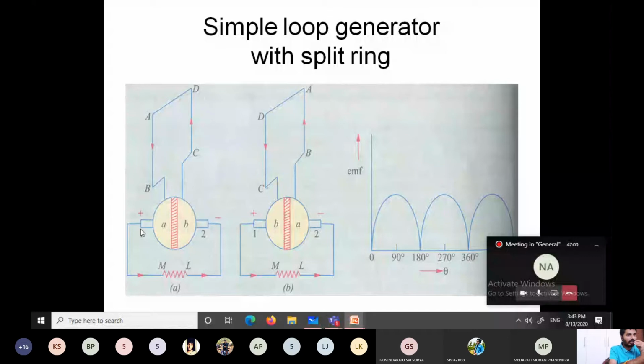Now the load current direction in case A starts from the positive brush, indicated with 1, to M, M to L, L to 2. So the load current direction is as I am writing again here.